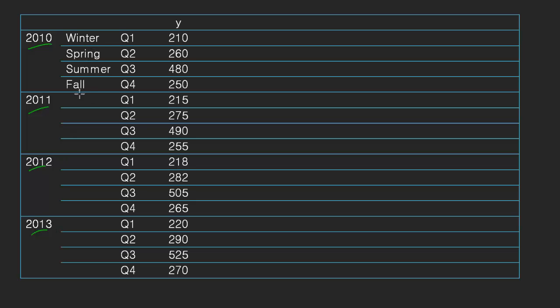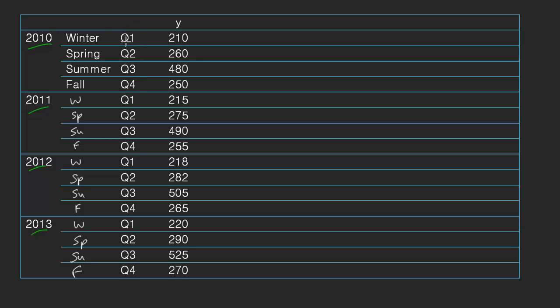I put winter, spring, summer, fall here, but the idea is that winter, spring, summer, and fall gets repeated again and again, and so on. And I've also labeled these as quarter 1, 2, 3, and 4, just to make things a little bit easier to refer to as I'm going through and doing the mathematics.